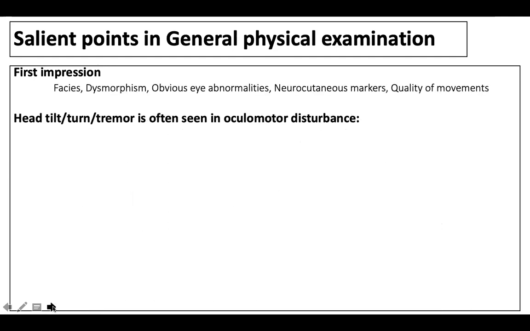Okay, so dysmorphism, microcephaly, macrocephaly, prominent anterior fontanelle, neurocutaneous markers like telangiectasia, hemangiomas. Okay, the overall quality of movements, whether the child is parkinsonian, hypokinetic with bradykinesia, or whether the child is showing chorea and dystonia and athetosis and so on. So the overall quality of movements also gives a clue with regards to your ophthalmological condition.